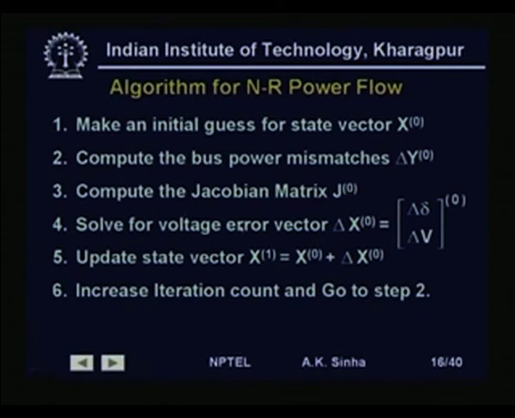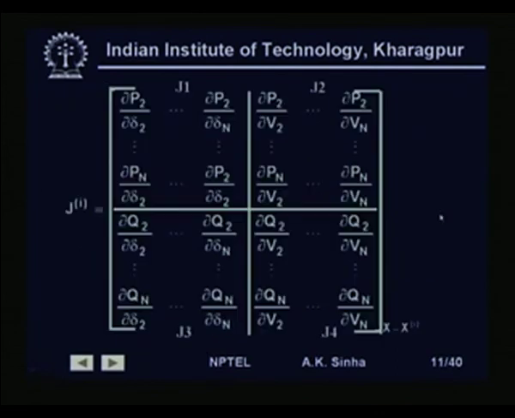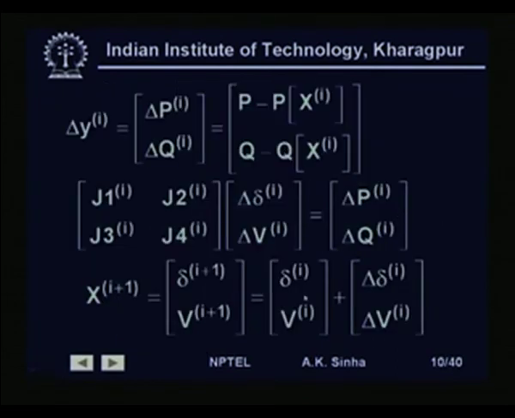Now, solve for the voltage error vector delta x, which is delta delta and delta V, from the initial guess. We can find it using, as we have seen earlier, this relationship. Using this relationship we solve for this.